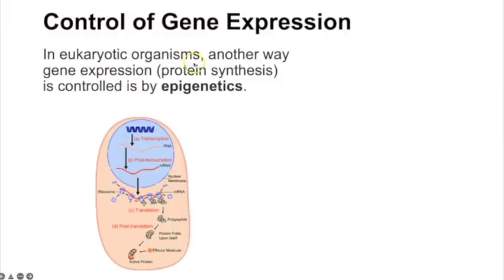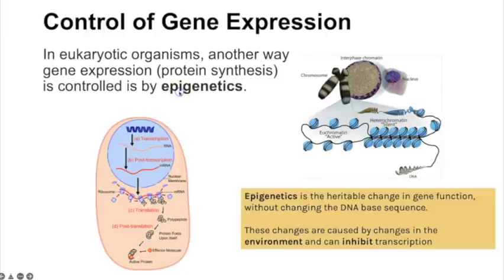Now, another way that protein synthesis is controlled is through something called epigenetics. And epigenetics is the heritable change in gene function, but the DNA base sequence itself is not changed at all. Now, these changes can be caused by the environment, so things like your diet, stress levels, exposure to certain chemicals, and this can inhibit transcription.